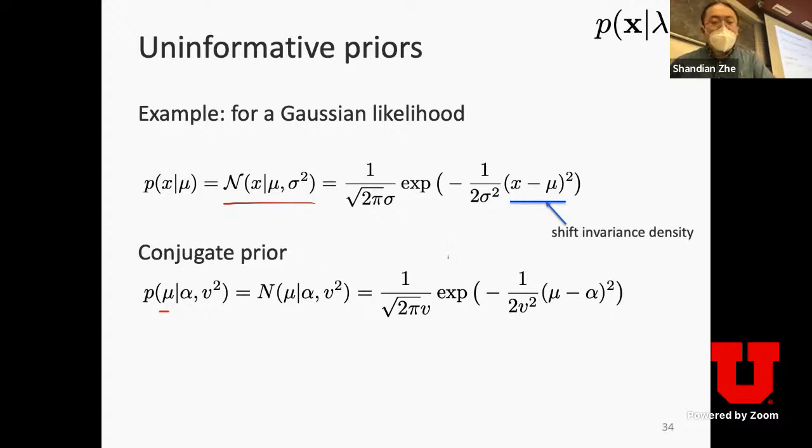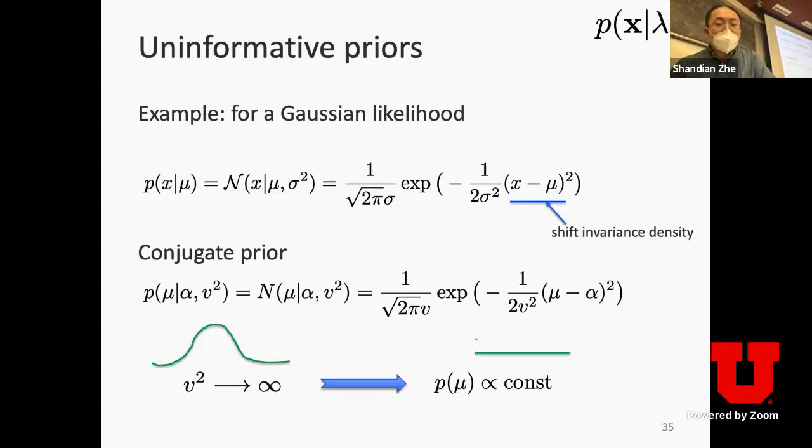Okay. By contrast, the shift invariant prior is a uniform distribution, an improper uniform distribution, and we can see the connection between the conjugate prior and the uninformative prior.